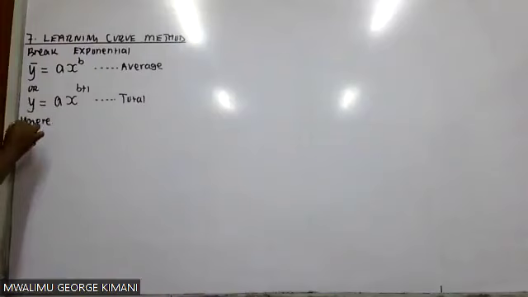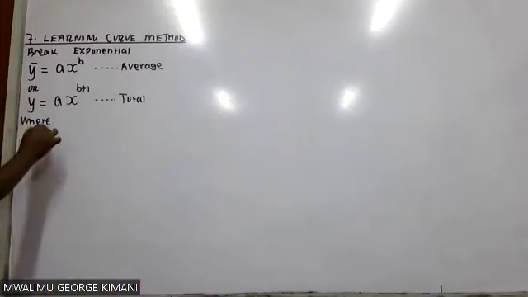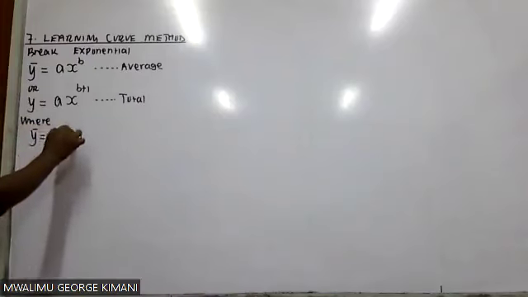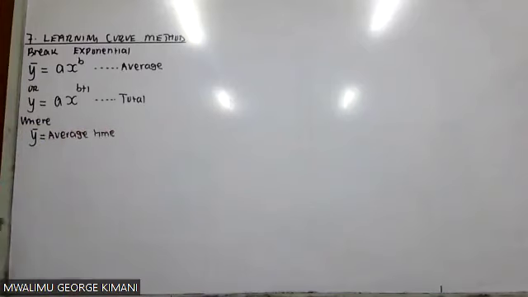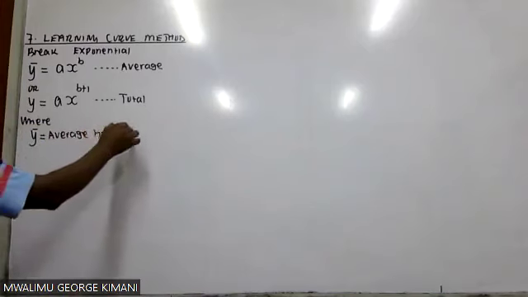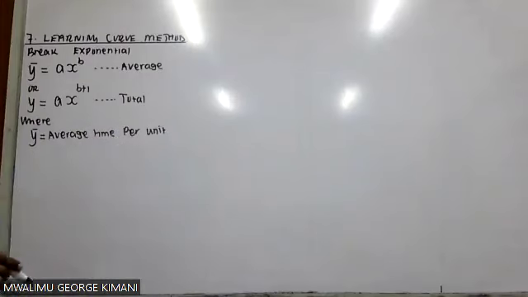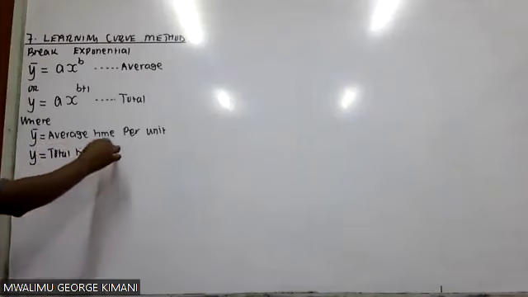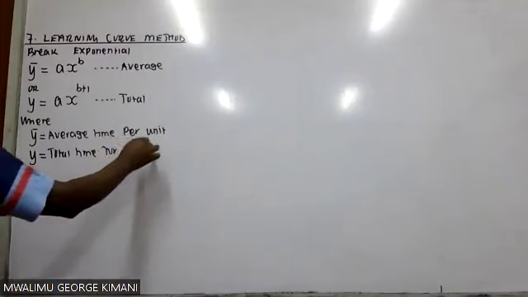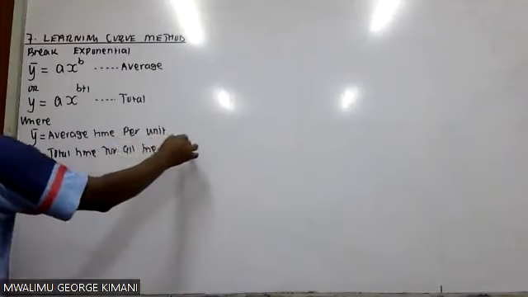Where y bar is the average time. Maybe I can add this, although it's not necessary: when you see average, you should know it's for one unit, but let me add, the average time per unit. When you see y, it is the total time for all the units made.